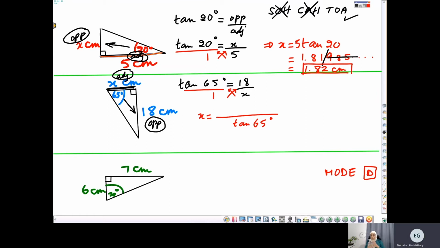The calculator will do all the calculation. So here is 1 multiplied by 18. No need to calculate it. It's 18 divided by tan 65. 18 divided by tan 65 is 8.39, rounded to 3 significant figures or more.